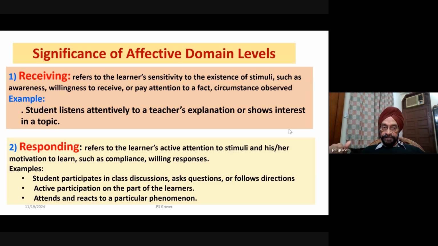Such as awareness, willingness to listen attentively to someone, rather than listening and forgetting. So willingness or paying attention to a stimulus is receiving. Circumstances observed: the student listens attentively to the teacher's explanation or shows interest in a topic. That is the first level of the affective domain.